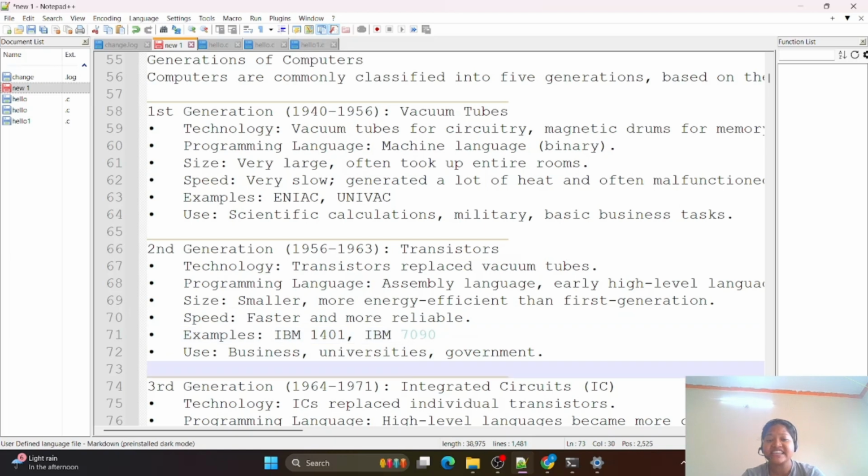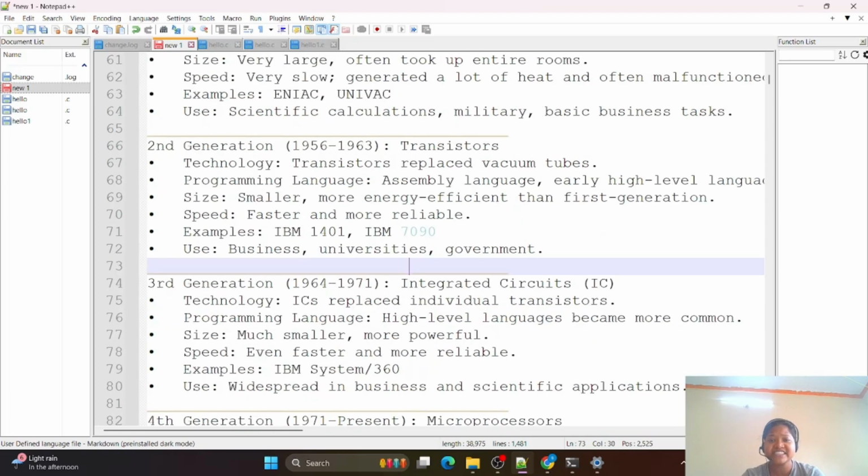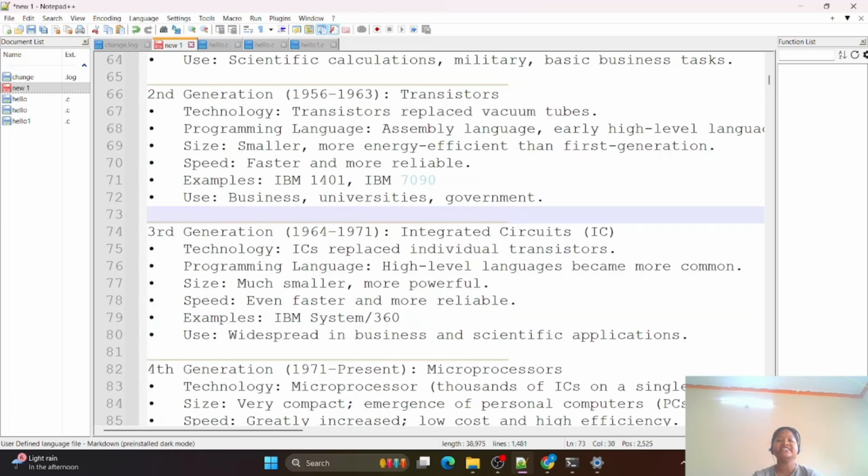They used it for business, universities, and government also used this generation of computer. Then the third generation computer, the timing from 1964 to 1971, and they used integrated circuits or ICs instead of transistors. They just moved towards development, and they tried to neglect such things which were disadvantages in the first and second generation.